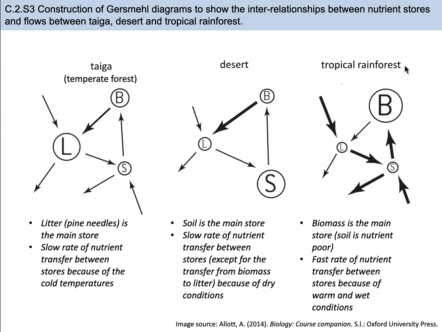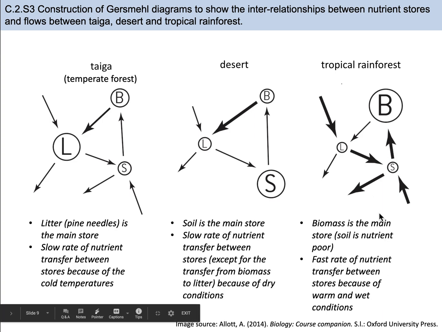Here's a tropical rainforest, which usually has the perfect amount of rain and warm conditions that really lets decomposition thrive. Notice that biomass is the highest, so living organisms have most of the nutrients, and then the transfers are huge. There's a lot of movement of nutrients in this ecosystem because of the wet and warm conditions.